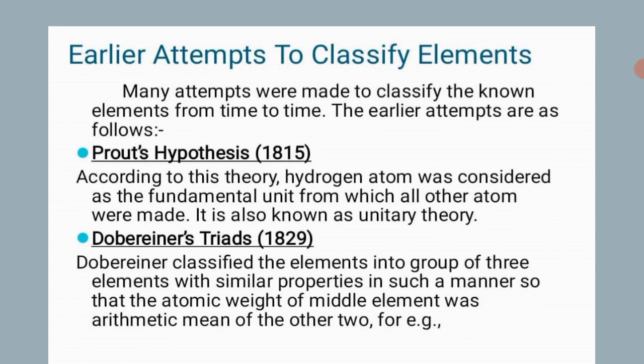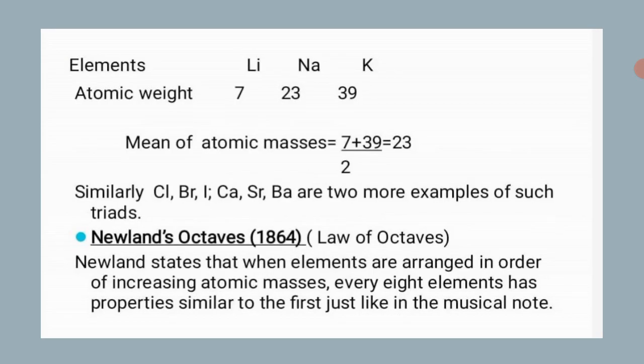For example, elements like lithium, sodium and potassium, whose atomic weights are 7, 23 and 39. The mean of the atomic masses of lithium and potassium, divided by 2, gives 23, which is the atomic weight of sodium.